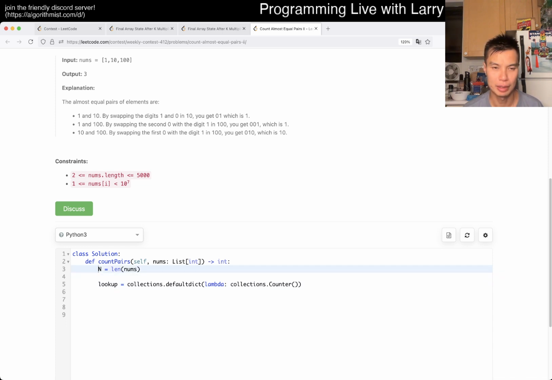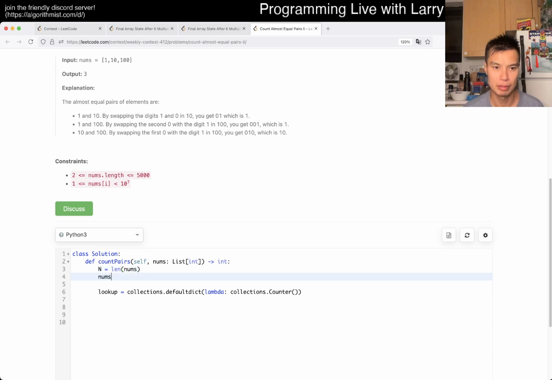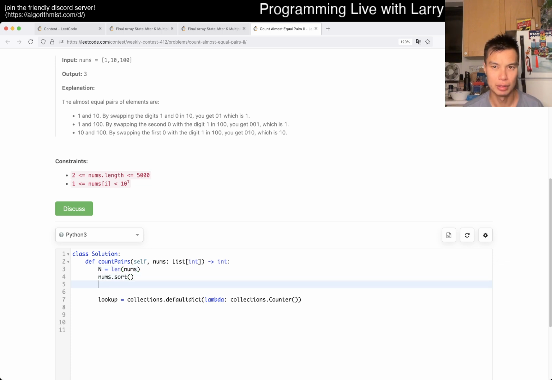Digits, max digits. So whatever, just sort. So then digits is equal to something like that. Right.